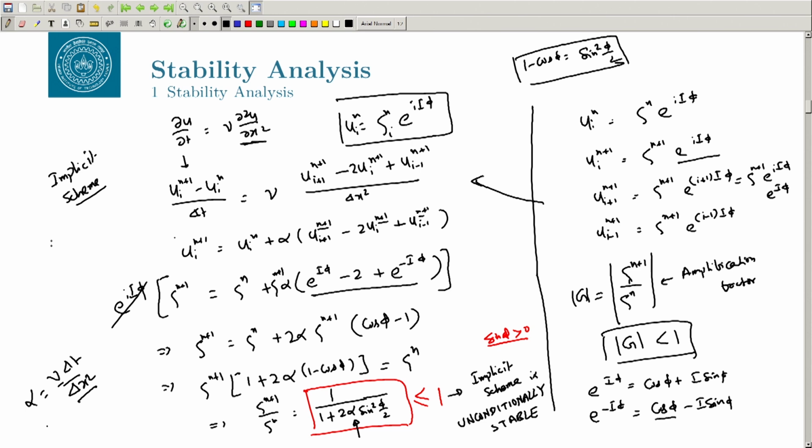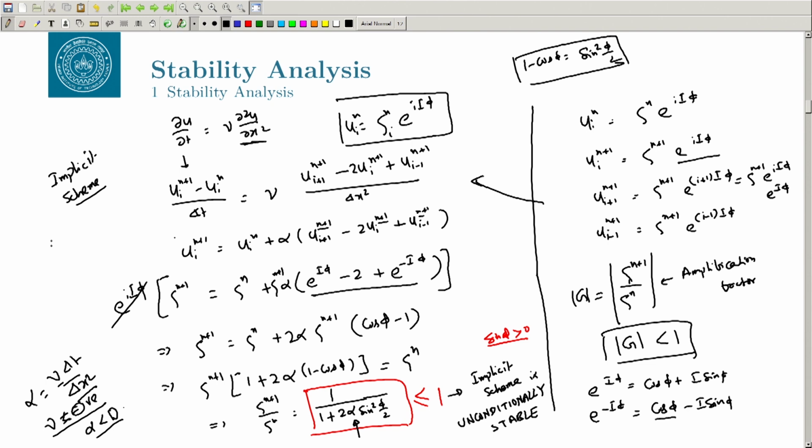So, if nu is negative, then your alpha is basically less than 1, and in that particular case this will be negative and your scheme will blow up, and that is what we have seen earlier also, that if your viscosity or diffusion coefficient is negative, your scheme will blow up.